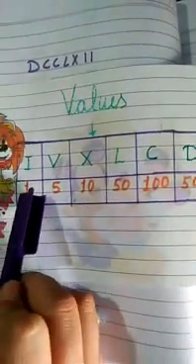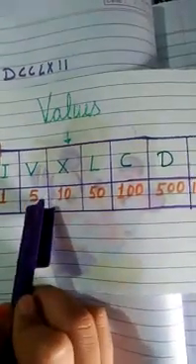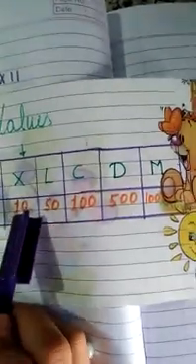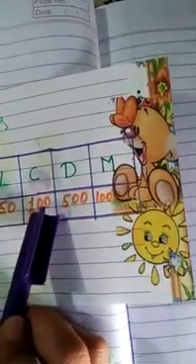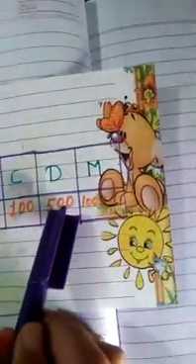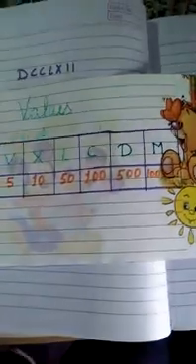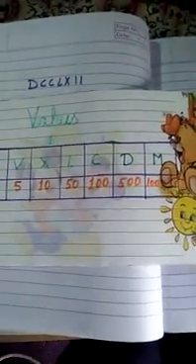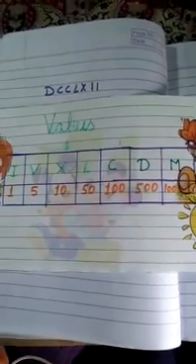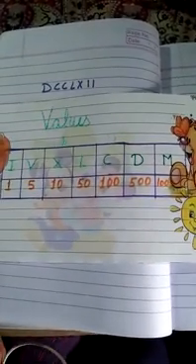See, I equals 1, V equals 5, X equals 10, L equals 50, C equals 100, D equals 500, and M equals 1000. So students, before writing the Roman numbers, we have to learn these values.